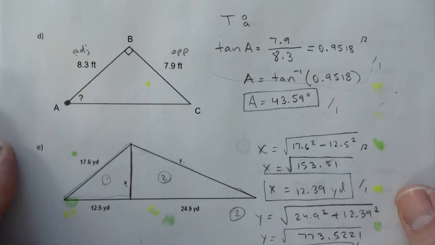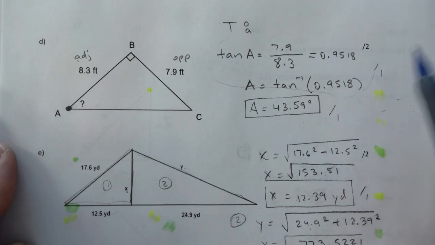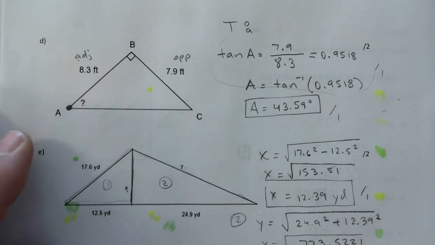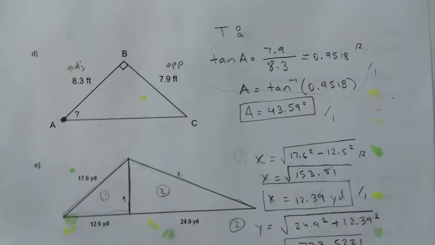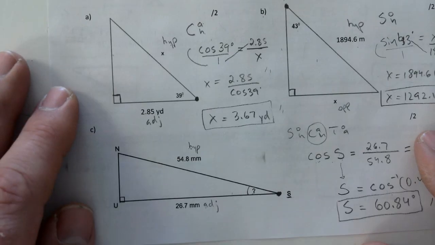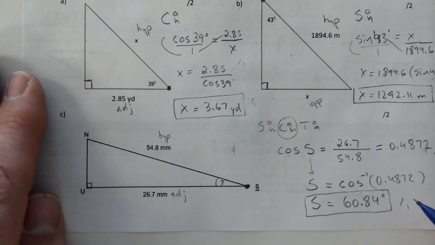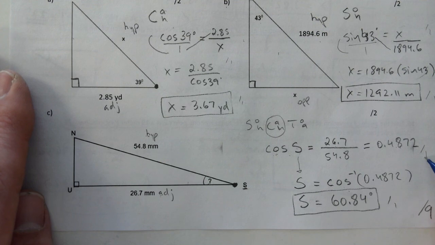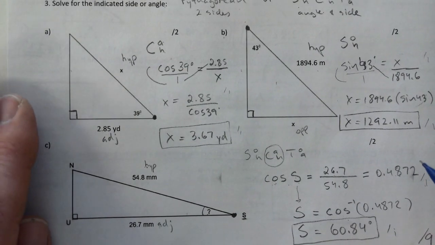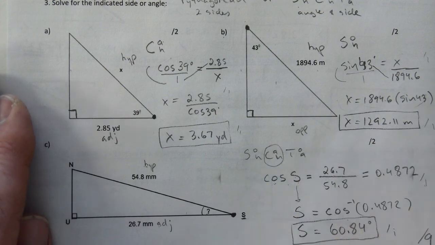D is worth 2 marks, 1 for setup and work, 1 for correct final answer. Back to the front. C is worth 2 marks, 1 for work, 1 for answer. B is 2 marks, A is 2 marks.